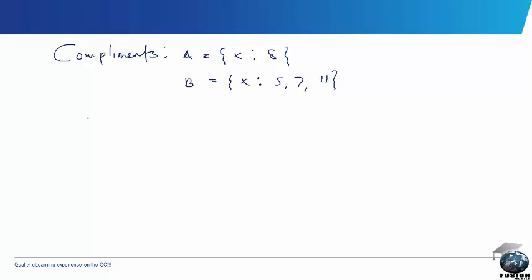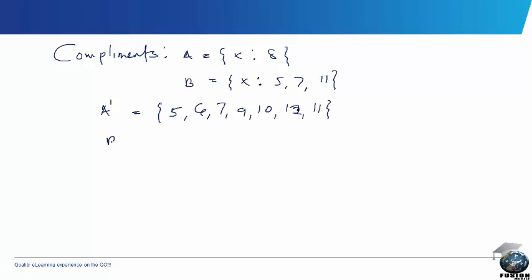So we have that A complement will be elements in the universal set but are not in A. Elements in the universal set but not in A are 5, 6, 7. We wouldn't write 8 because 8 is in A. 9, 10, 12, 11.